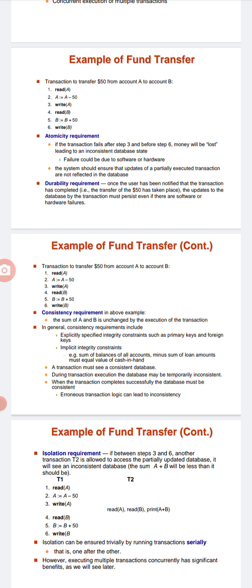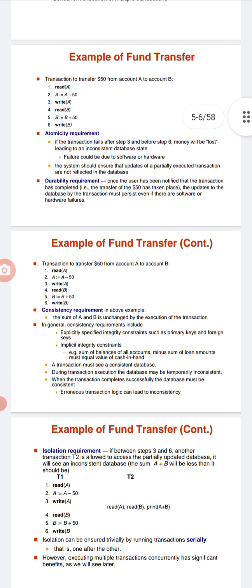Consistency requirement in the above example: the sum of A and B is unchanged by the execution of the transaction. In general, consistency requirements include explicitly specified integrity constraints such as primary keys and foreign keys, and implicit integrity constraints, for example, the sum of balances of all accounts minus the sum of loan amounts must equal the value of cash in hand.